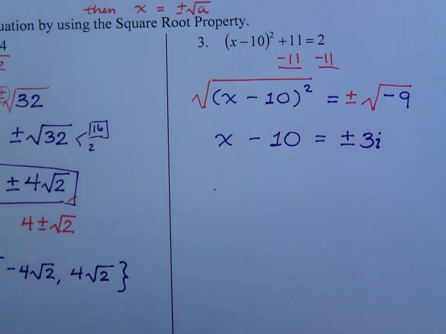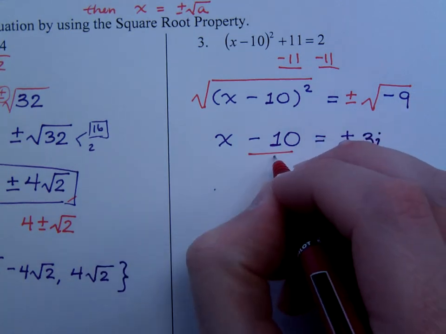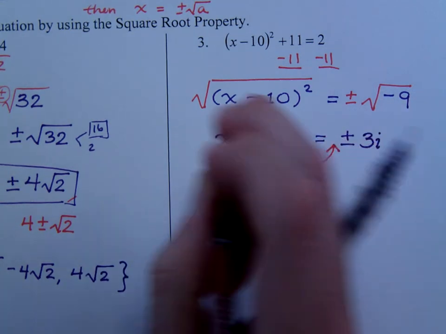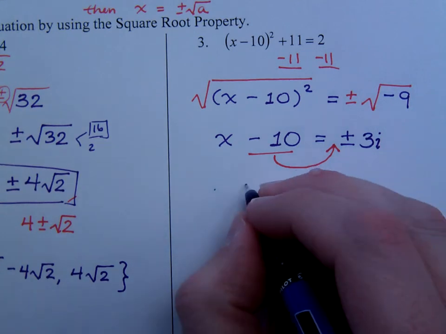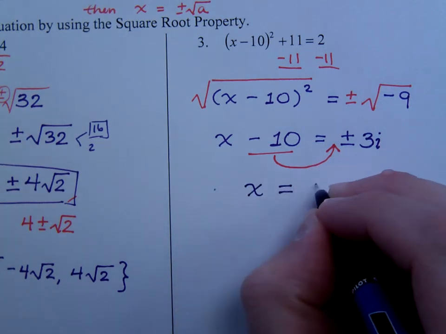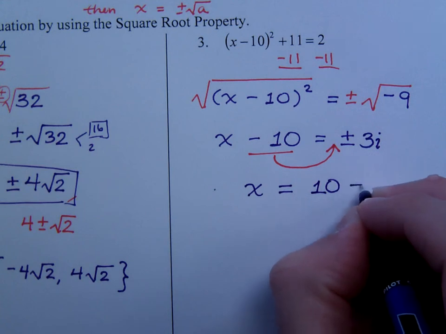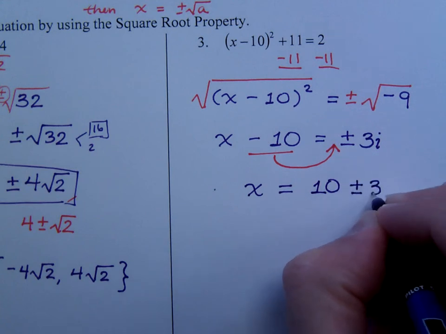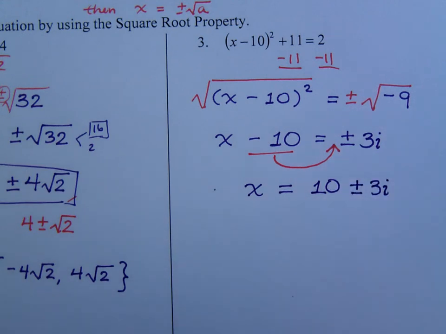So x minus 10 equals plus or minus 3i. And in the last problem, we saw that when we move things over, it needs to go in front of the plus or minus. So x is equal to a positive 10 plus or minus 3i.